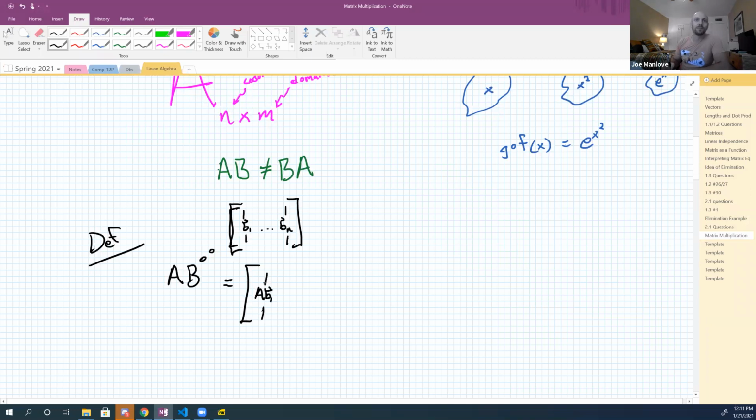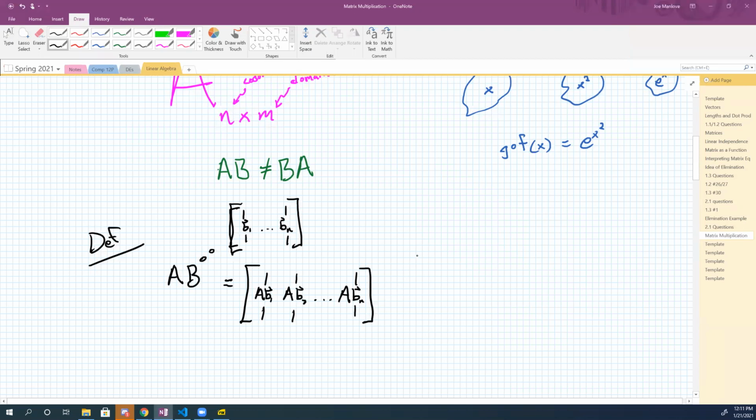So I'm going to have A times the first column, and then A times the second column, and I'm going to do that until I'm out of columns. Does this make any sense? Okay, now I'm going to assume that you still want an example. Is that true?